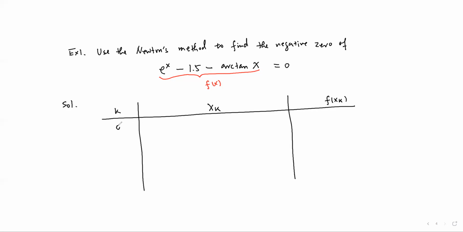Initially, when k is 0, the initial approximation I choose is -7. We are looking for, according to the problem, the negative root, -7 first. Then the function value at -7 is -0.702 times 10^-1.